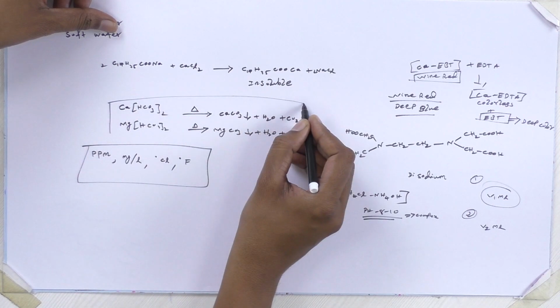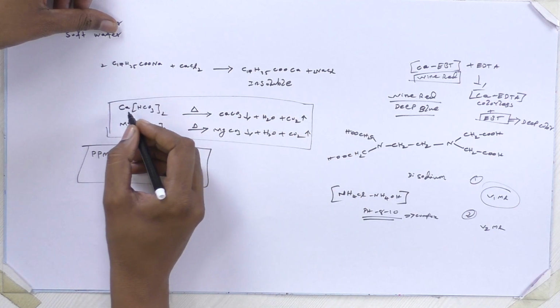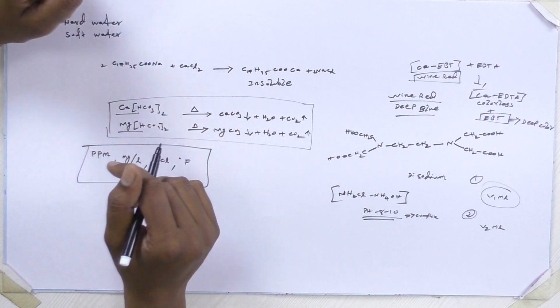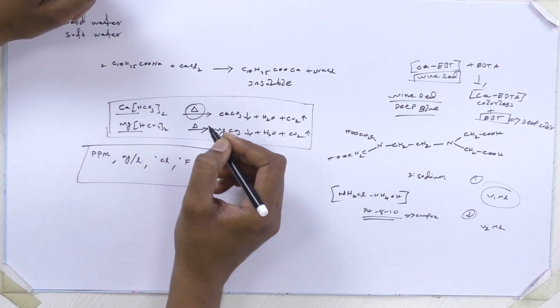And then in the third part of the titration, we take the water sample and boil it for 15 to 20 minutes. Now what happened? The temporary hardness is totally removed, because we already know the equation. The temporary hardness making ions, calcium and magnesium, have been removed by boiling.